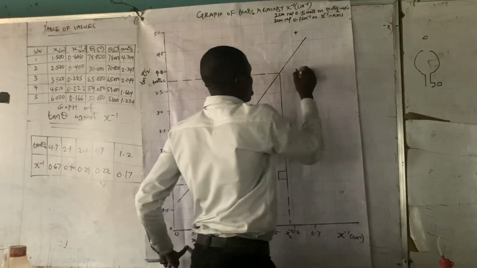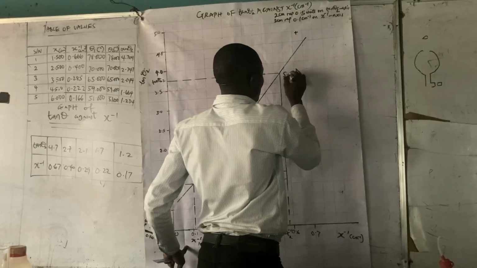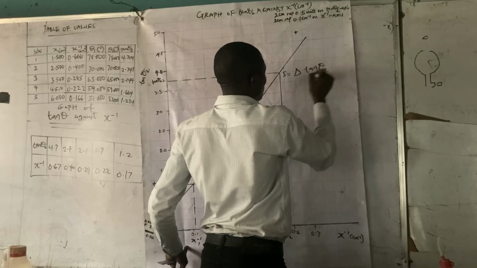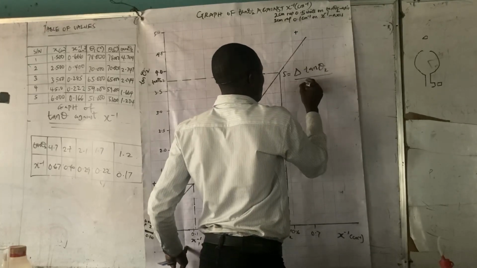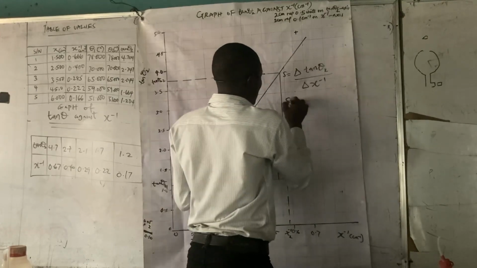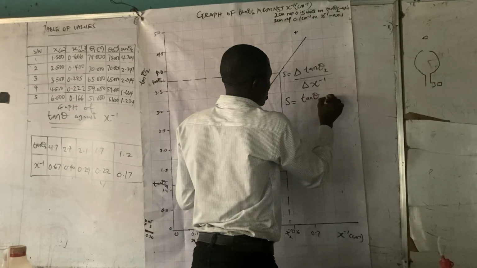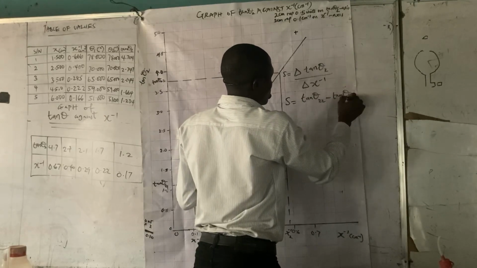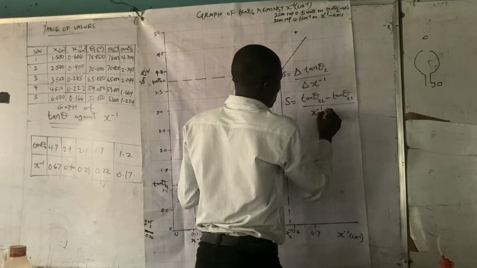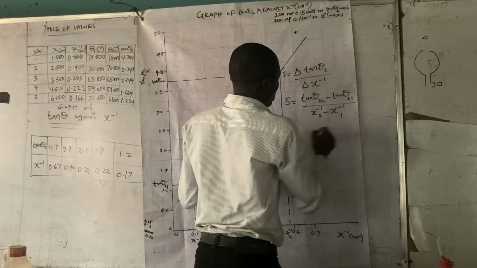So the slope S will be equal to change in tan theta 2 all over change in x inverse. So S is equal to tan theta 2 2 minus tan theta 2 1 all over x inverse 2 minus x inverse 1.